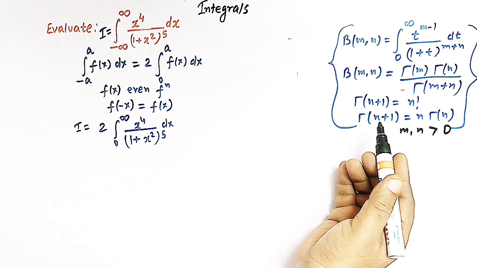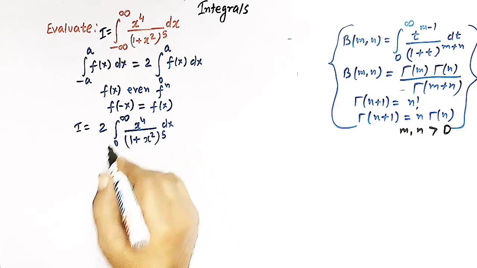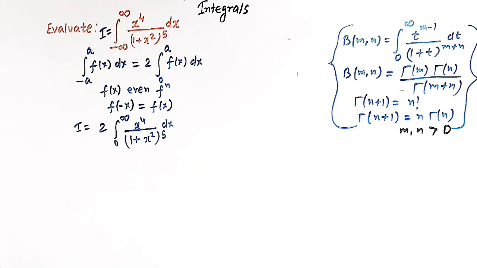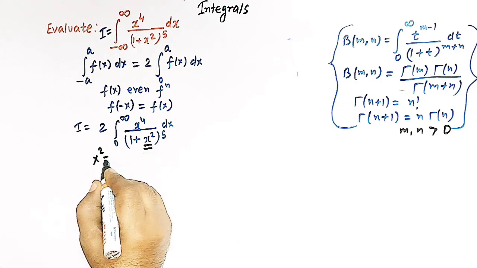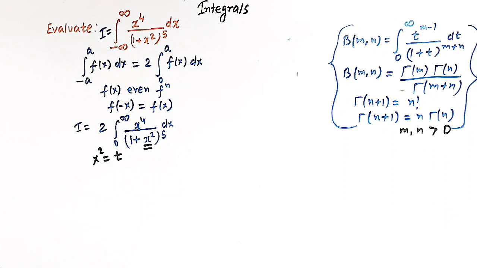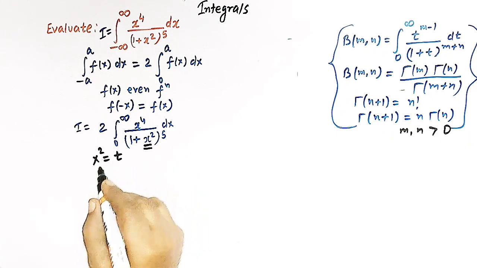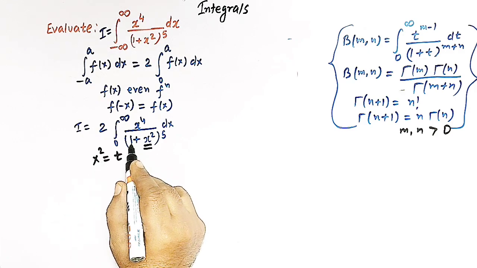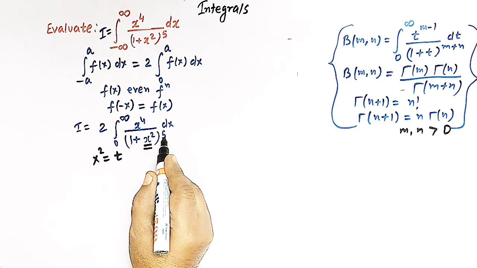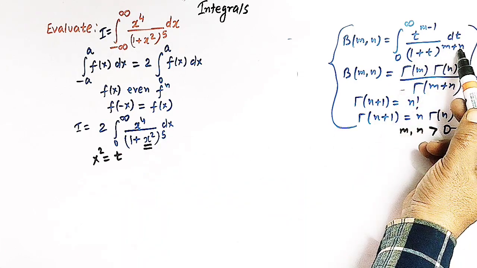Okay, now let us once again come to this integral, and now we'll make use of the method of integration by substitution. So let us take x square equal to some variable, say t. It is important to note that we make this substitution x square is equal to t, because then we'll have (1 plus t) raised to 5, and here we have (1 plus t) raised to m plus n.